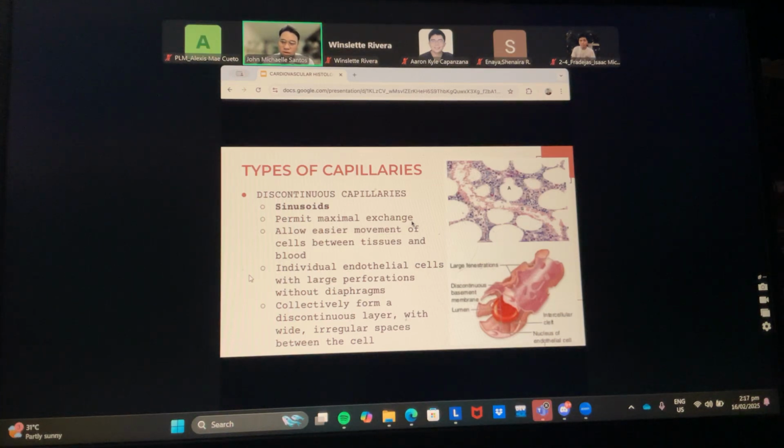Your liver, spleen, kasi nga doon papunta lahat ng mga namatay na platelets natin, ganun. So they would easily go and dispose themselves in your spleen. Some endocrine glands, and saan pa? Bone marrow. Bakit need ng bone marrow ng discontinuous capillaries? Because your bone marrow produces your blood cells, di ba? Para mas madaling pumasok yung mga blood cells natin doon.